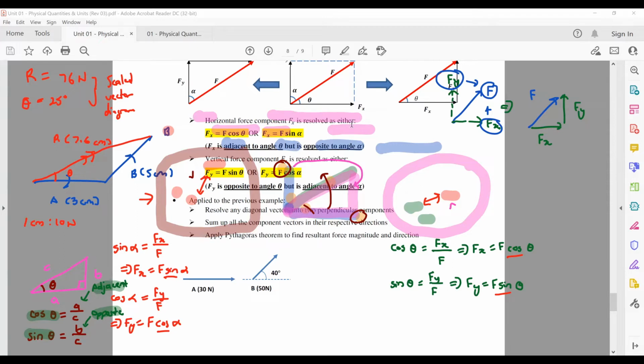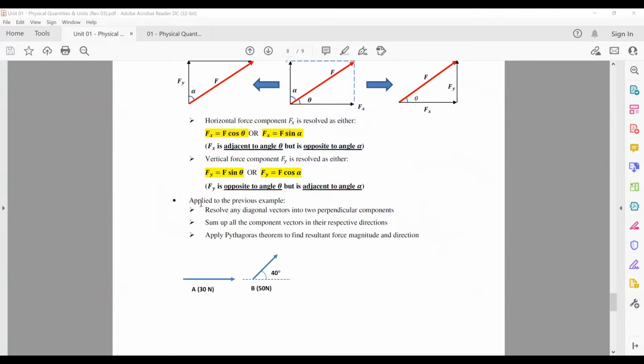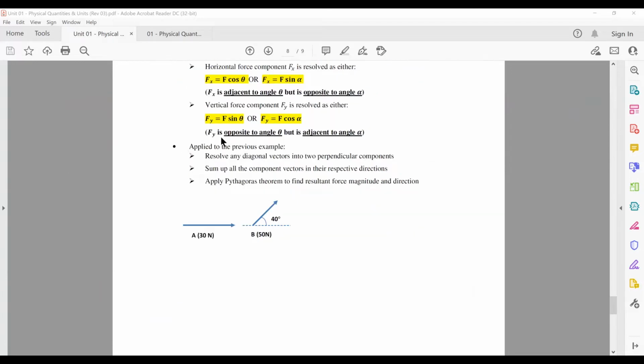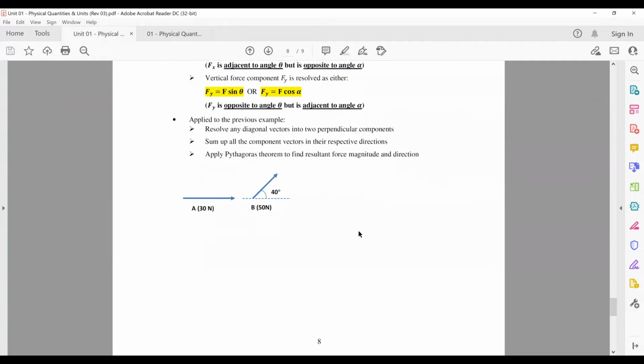All right, so let me just clear some of the drawings and then let's just go to this. Now, how do you actually apply resolution of vectors to the examples before this? You still have the same example where you have vector A at 13 Newton horizontally and vector B at 15 Newton and the angle of 40 degrees to the horizontal. You're interested to find the resultant.